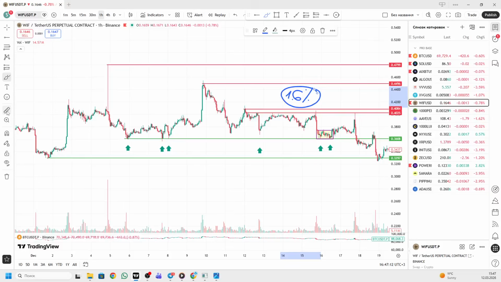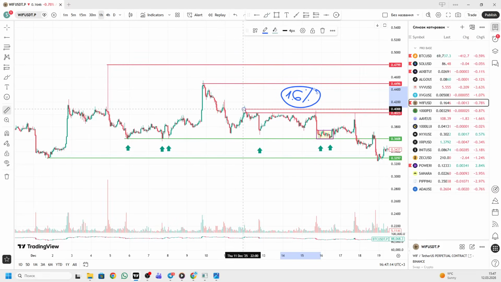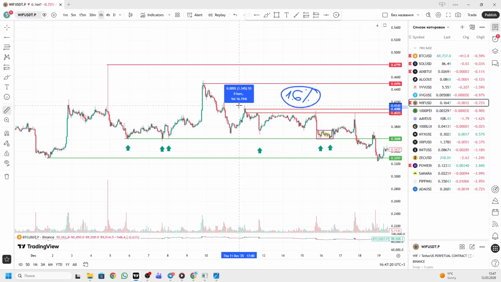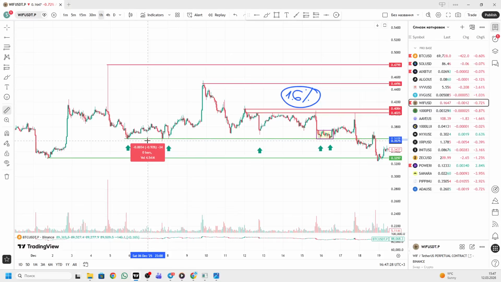We take the ruler and just let's measure this one. You see this wick. It's 1.34. That's okay for us. We have also over here a wick of a candle. Let's measure it. It's 1%. That's okay also. It's perfect. It fits perfectly within our 1.6% range.